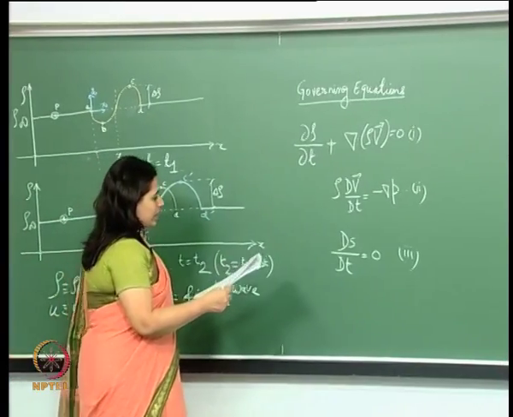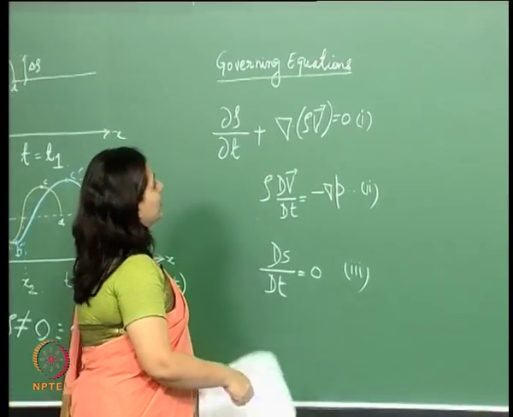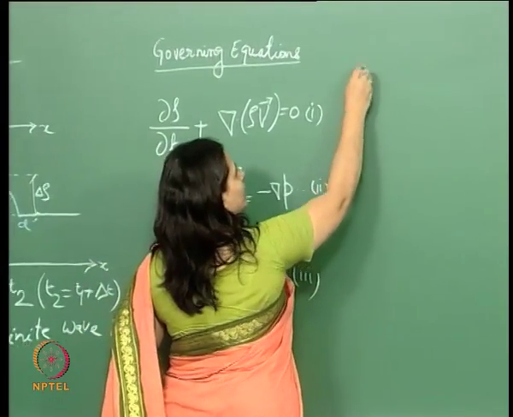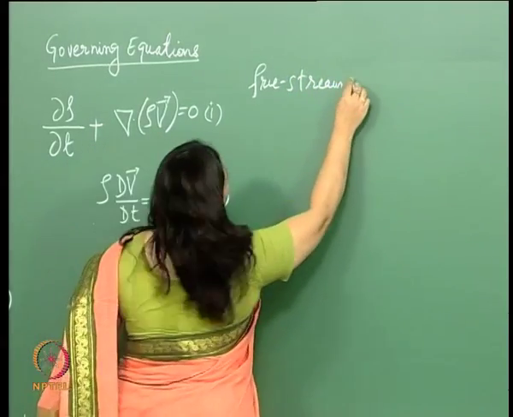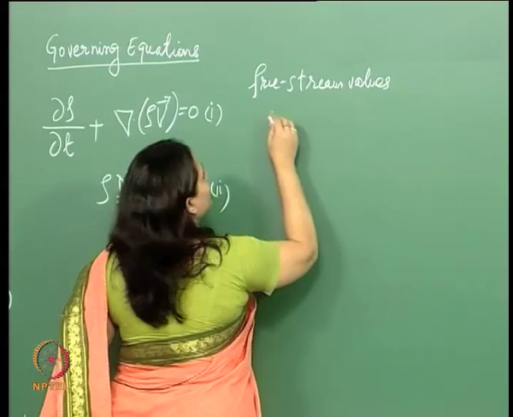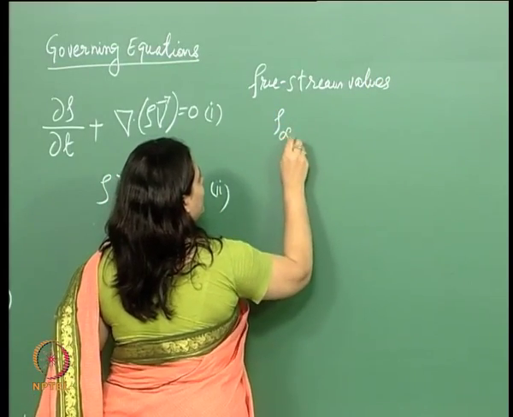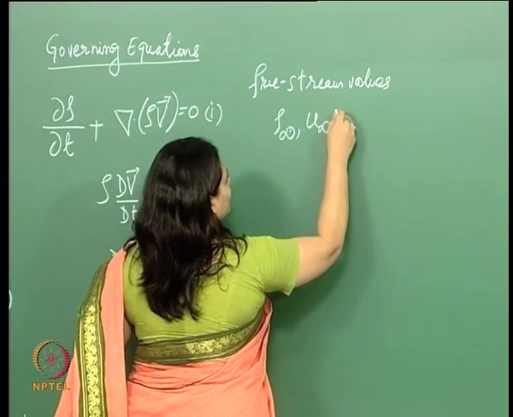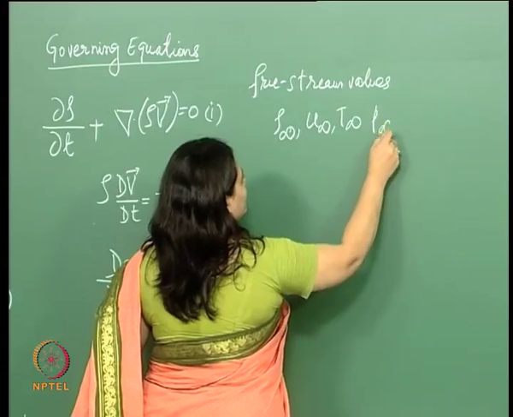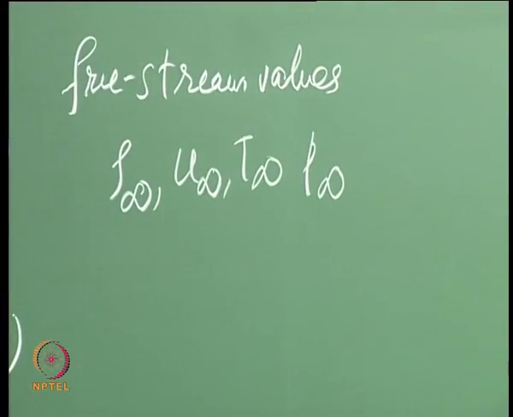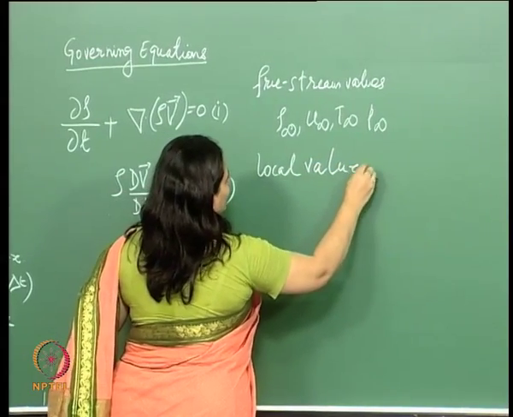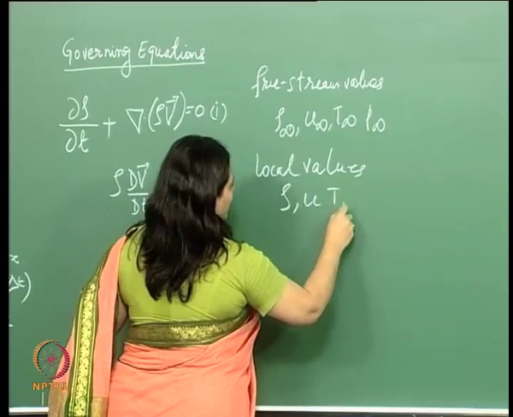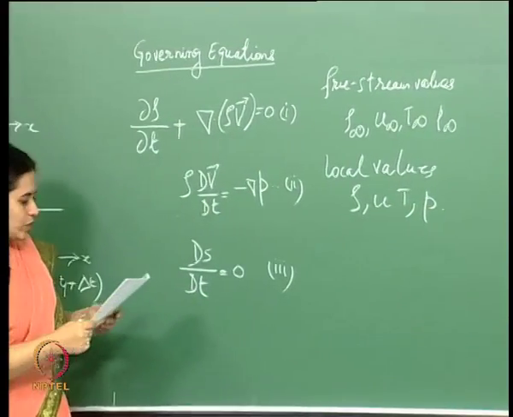Okay. So, let us see, like we just said. So, let the free stream values be denoted by subscripts infinity, and local values would be this.